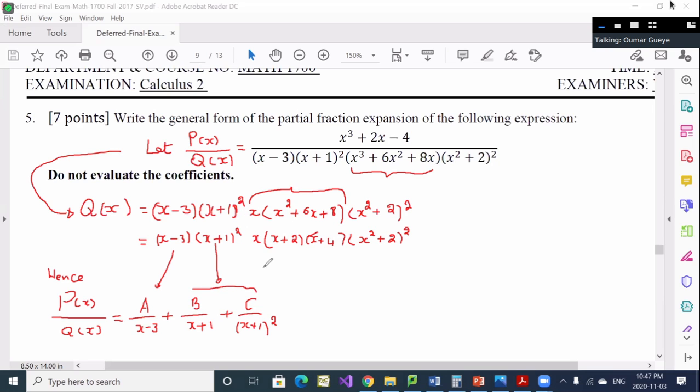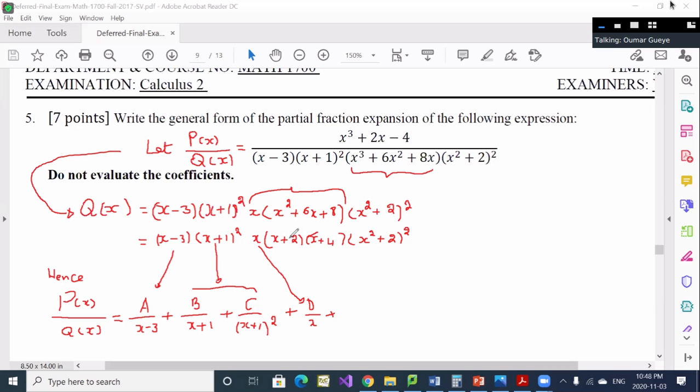Because it's repeated twice. And plus now, from this term, it's just a linear factor again, and it's not repeated. It's going to be D over this factor, obtained from this guy here. And from these two linear factors, none of them is repeated.